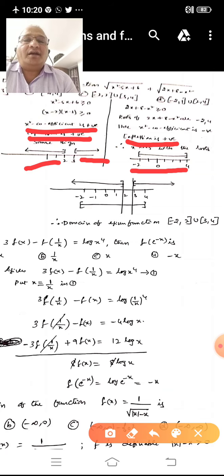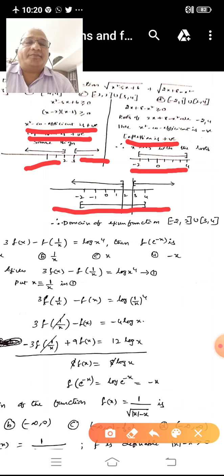The intersection between these two I showed here in the diagram. Observe this diagram. Here 3 to infinity and minus infinity to 2, and minus 2 to 4. So minus 2 to 2, and 3 to 4 are the intersection points of these two functions, for which the function is defined.